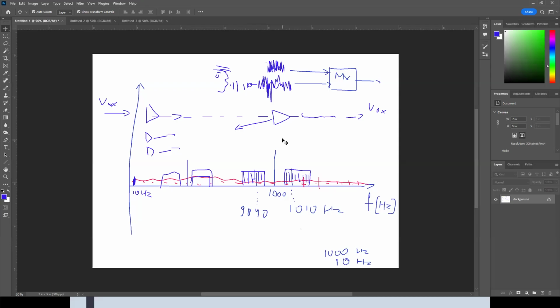Well, with AM modulation, this has a certain amount of amplitude, and this has a certain amount of amplitude. This amplitude is constant. This one doesn't change. The carrier has a constant amplitude. This one changes.